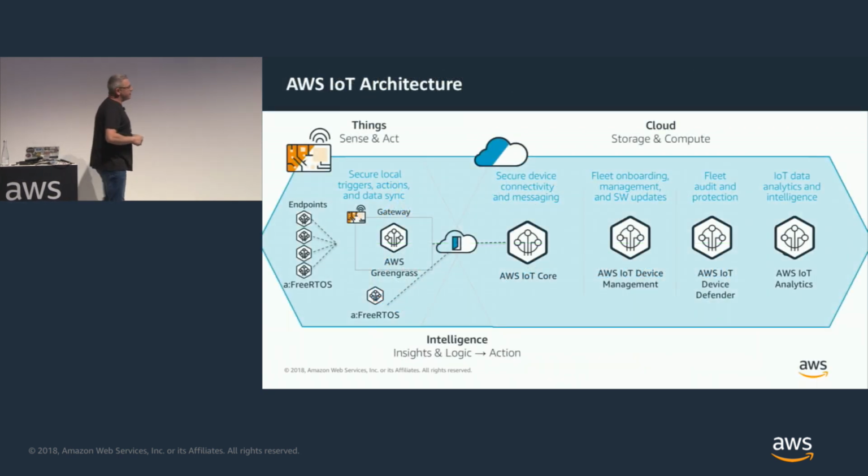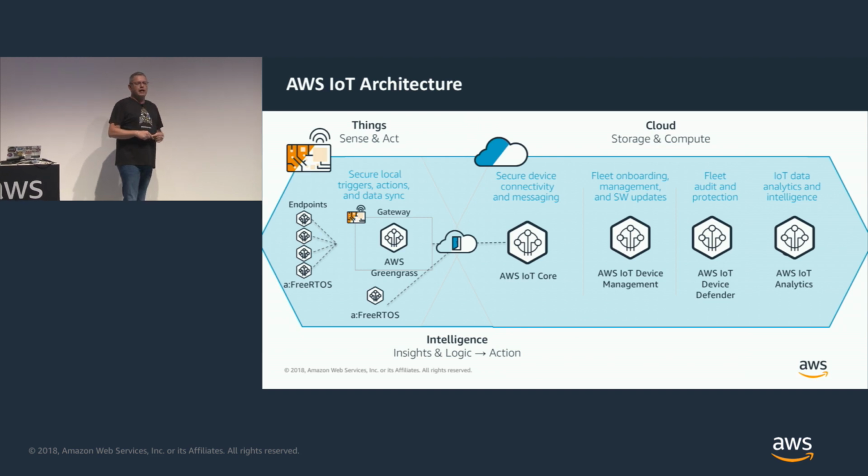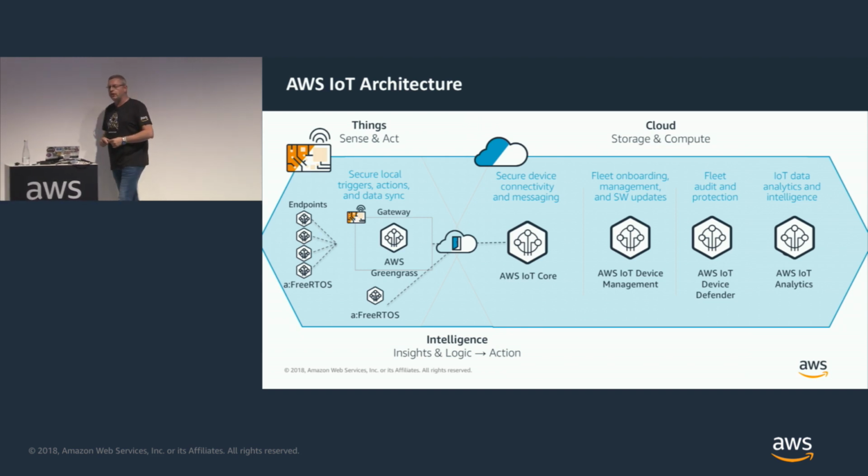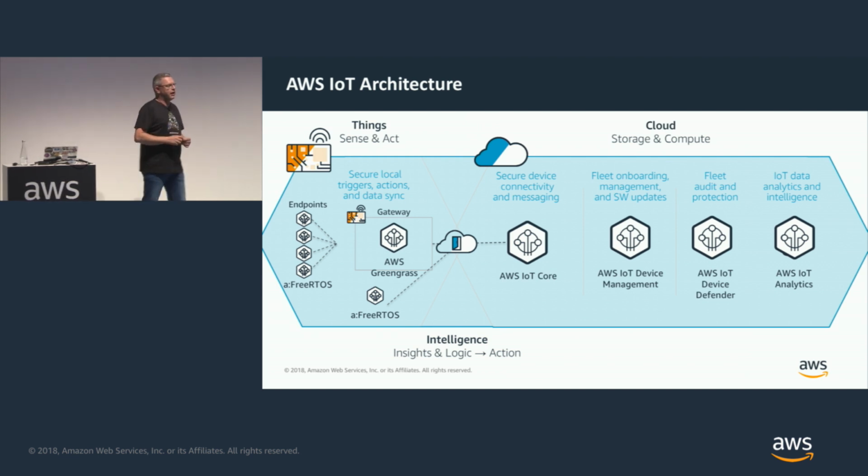And as you can see, we have a solution that will allow you to connect your IoT end-to-end from your smallest devices through local gateways to the cloud, and some other services that will allow you to run it at a very massive scale.